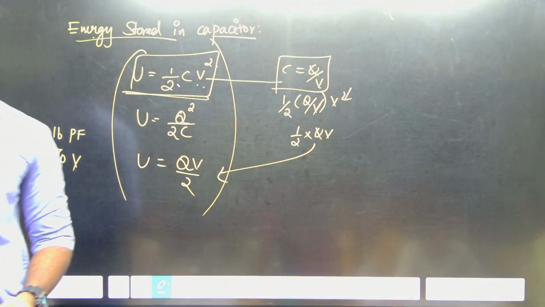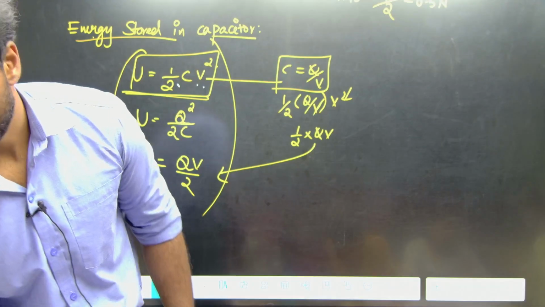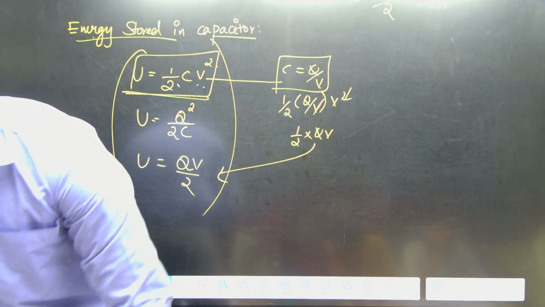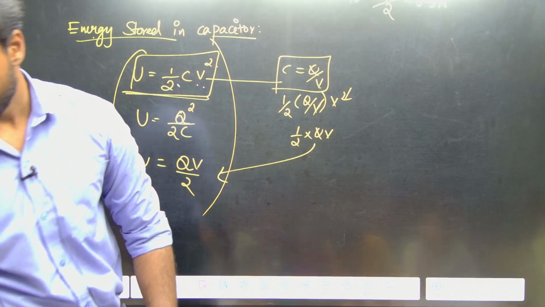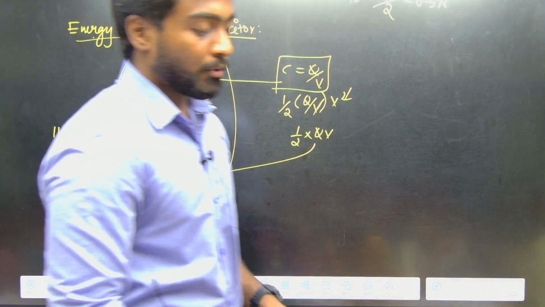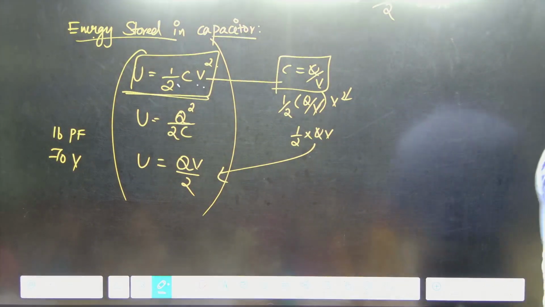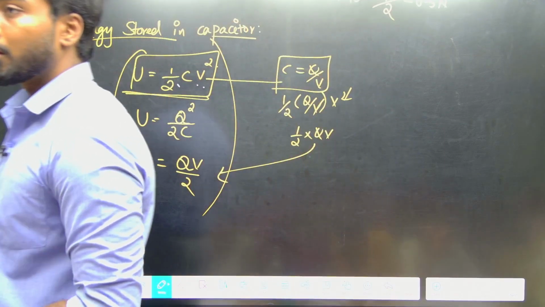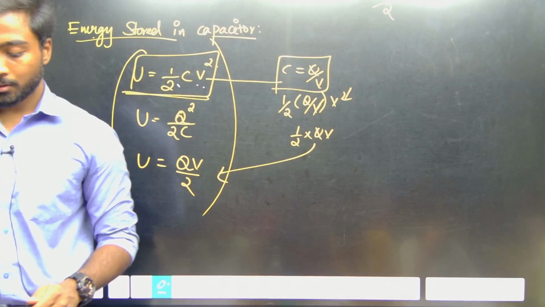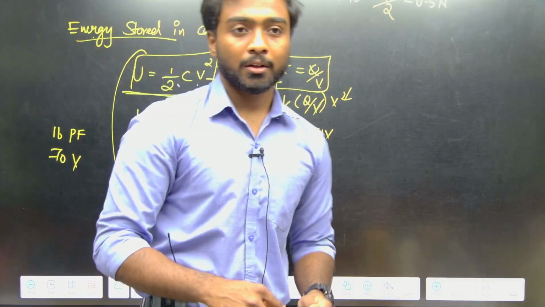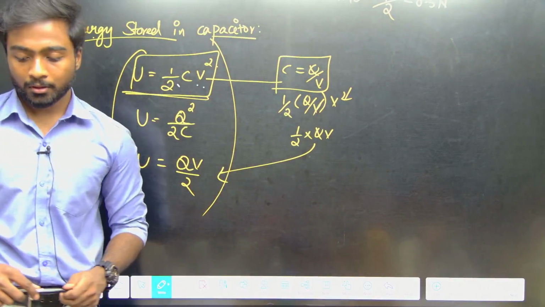The next topic is work done by battery. So the formula is work done is equal to flow of charge into EMF.